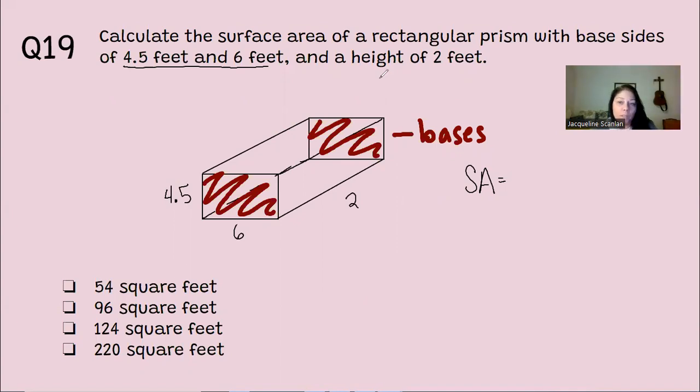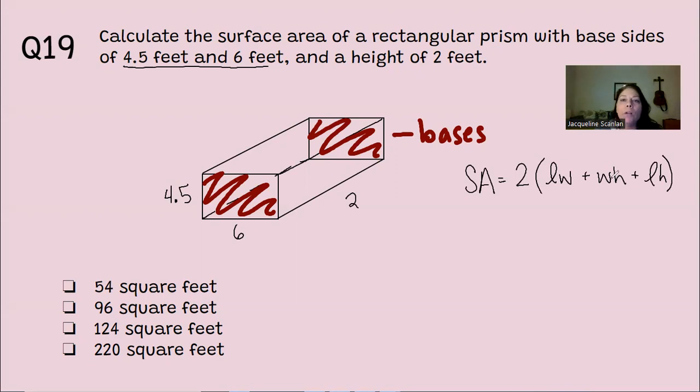So if you pull the formula from me now, then you will be able to use the same formula on the test and just change out the numbers. So here's the formula for surface area of a rectangular prism. You take 2 and multiply it by the length times the width, which is added to the width times the height, which is added to the length times the height. All right, it sounds pretty complicated, but watch how I do this.